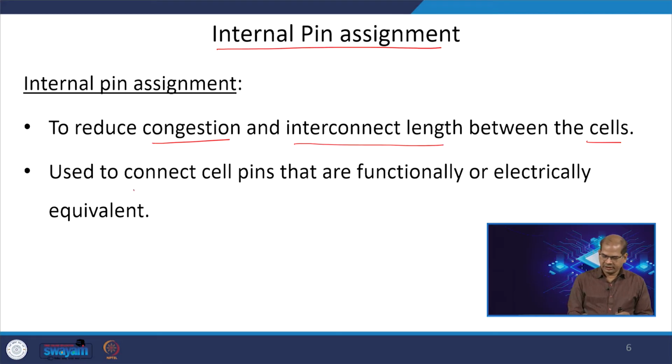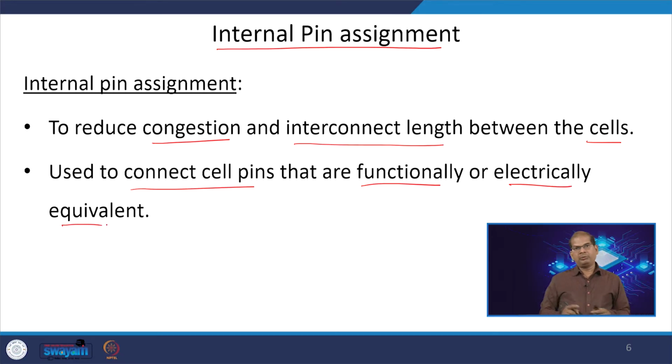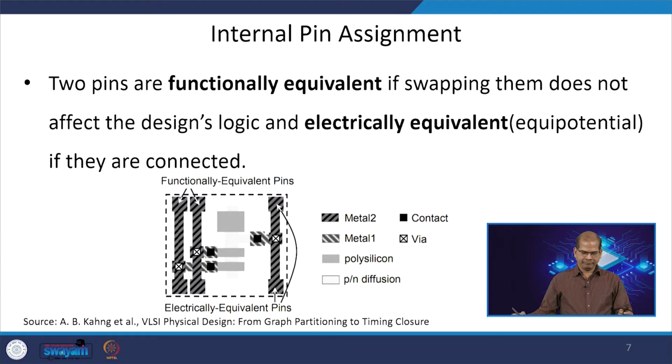Here we connect the cell pins that are functionally or electrically equivalent. Whenever we connect these pins, we do it based on functionally equivalent pins and electrically equivalent pins. So, we will discuss what functionally equivalent pins and electrically equivalent pins are.